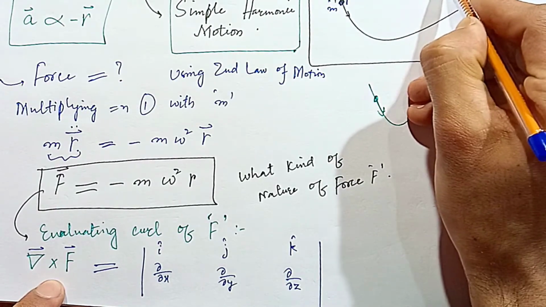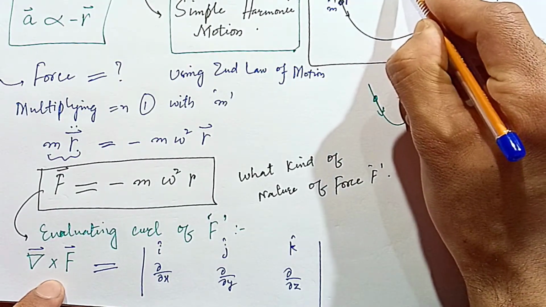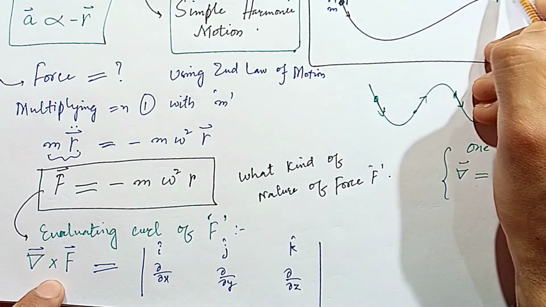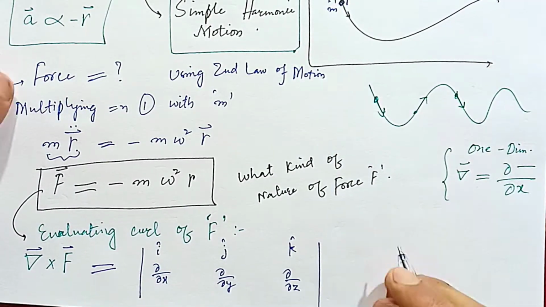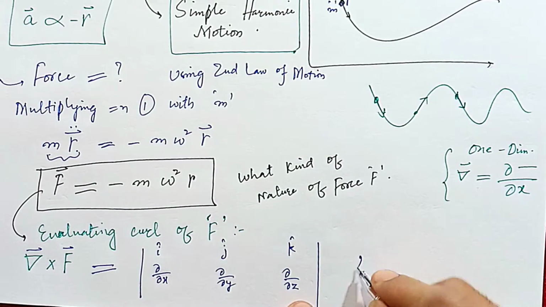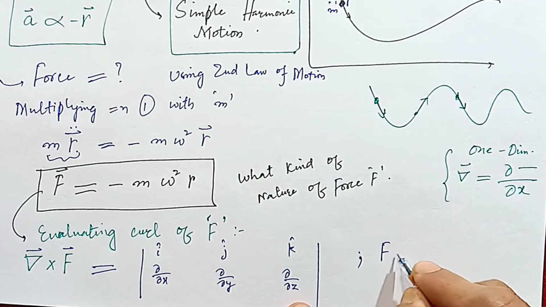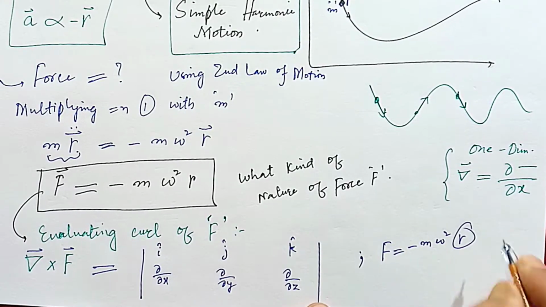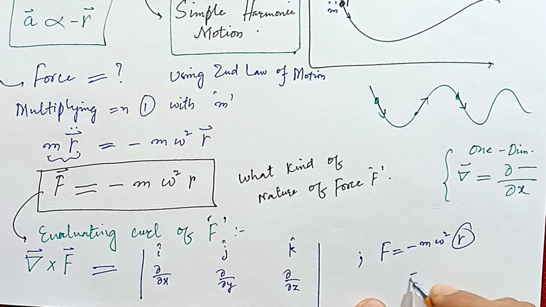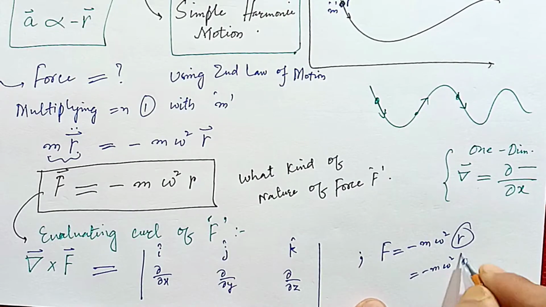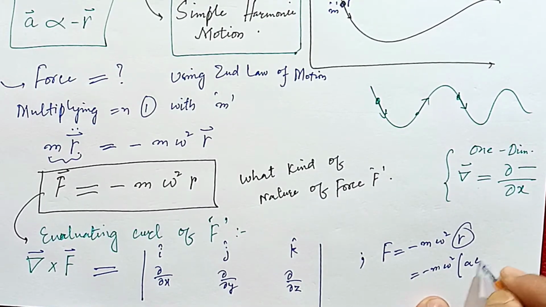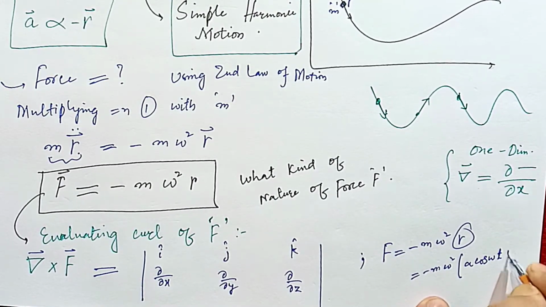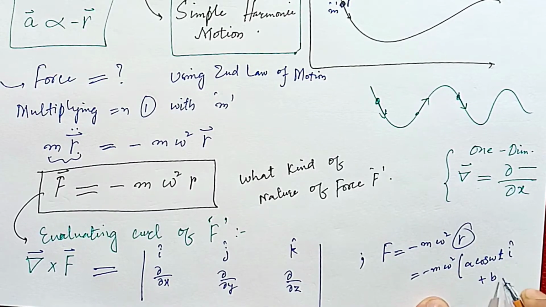Along the x-axis it is a cosine of omega t, and along the y-axis, so I will be writing F equal to minus m omega square r, where r is equal to a cosine of omega t along the i-axis plus b sine of omega t along the j-axis, that is the y-axis.